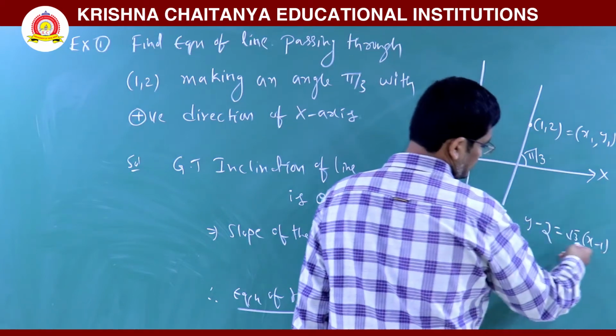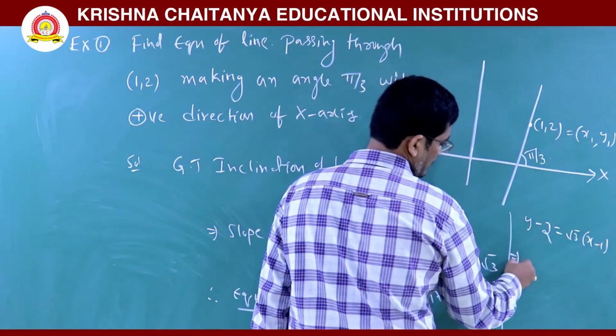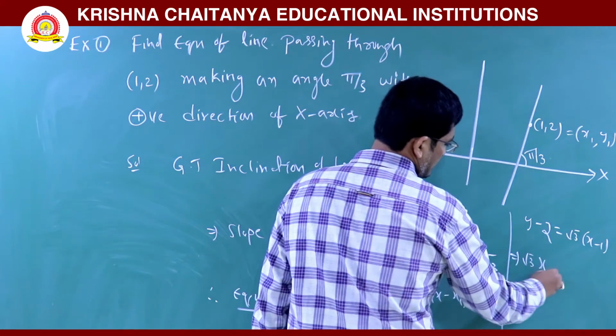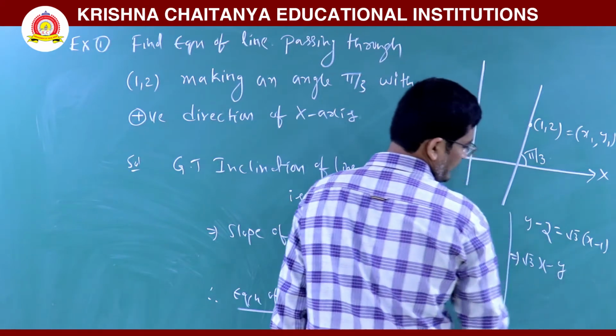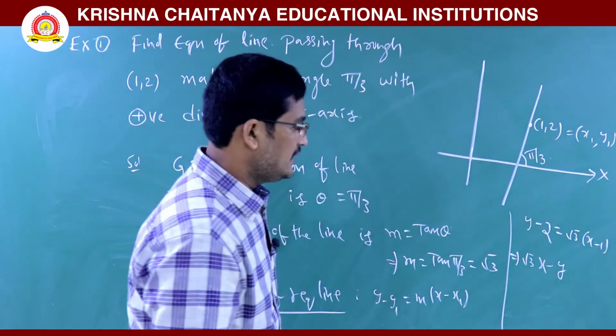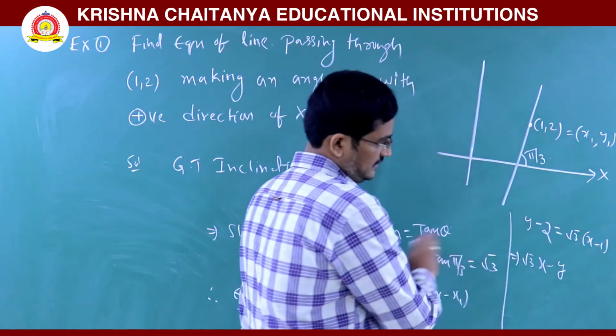So, this is the required line. Now root 3 x minus y, already minus root 3 on the right side, and minus 2 is the constant.